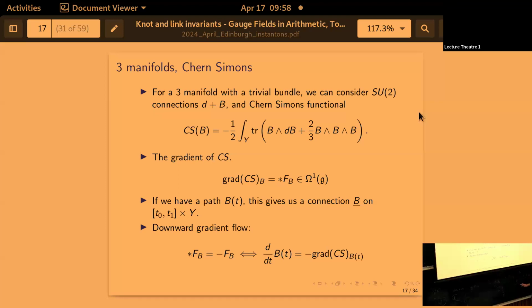That gives you the usual homology of this thing, because it's a nice finite-dimensional manifold. All the homologies are the same, and in particular, one of them is the Morse homology.